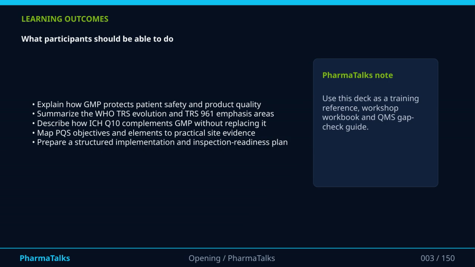Finally, this training will equip you to prepare a structured plan for implementation and inspection readiness, which is critical for maintaining compliance and ensuring smooth regulatory audits. Remember, this deck serves multiple purposes: a training reference, a workshop workbook, and a quality management system gap check guide. So keep it handy as a valuable resource throughout your work.